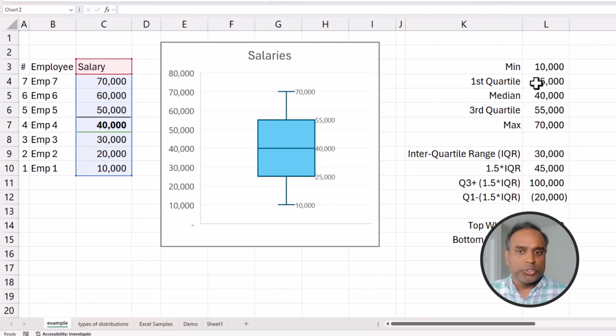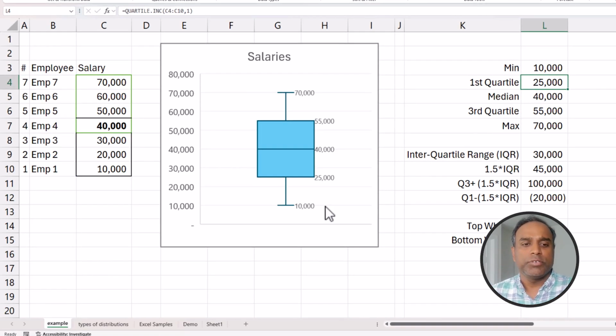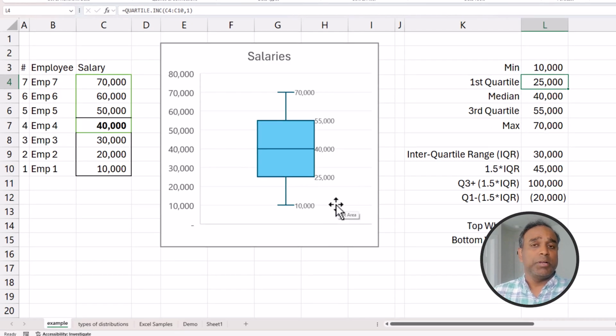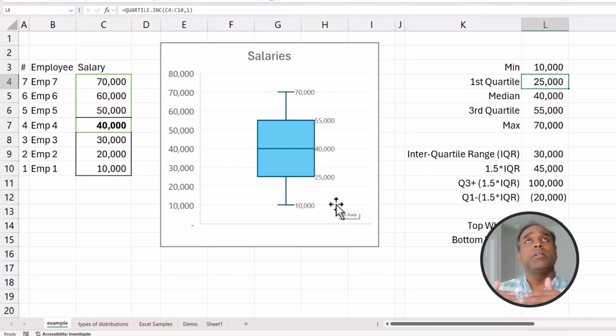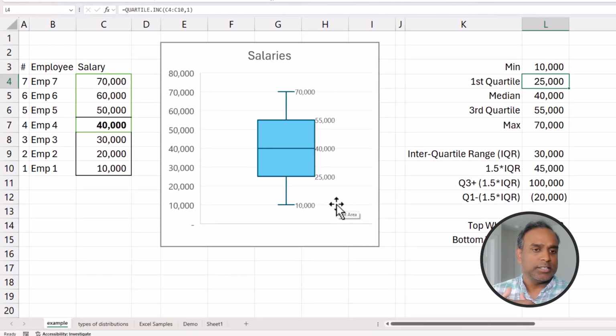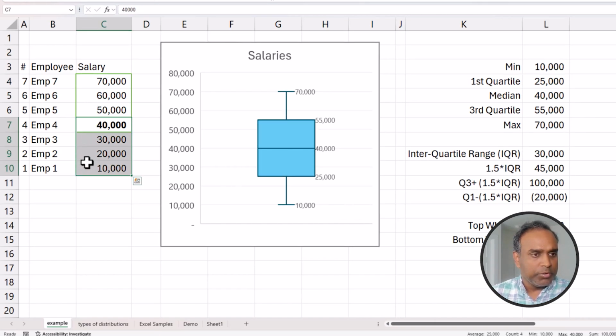For example, this 25,000. So how did we arrive at that? So remember that the first quartile is basically splitting the middle of the lower half of your data set. Okay, so let's take the data set here. I'm going to select these four values. The median is 40,000, and then the bottom half of the data set, which is everything below the median, I've selected these four values.